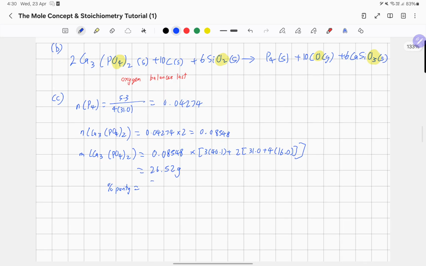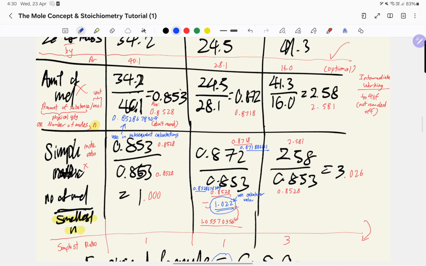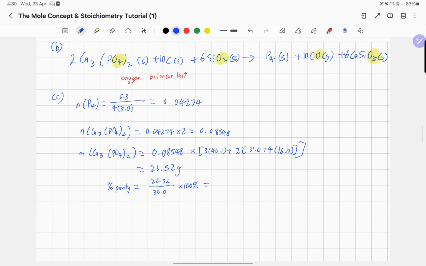26.52 divided by 30.0 times 100%. That will have given you 88.4% to 3 significant figures.